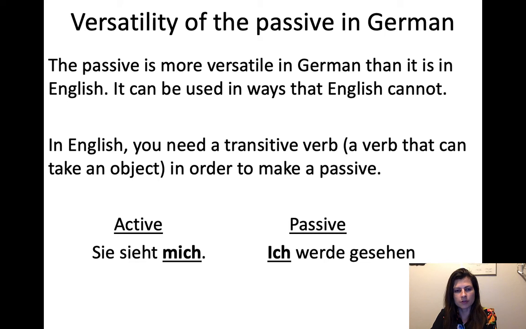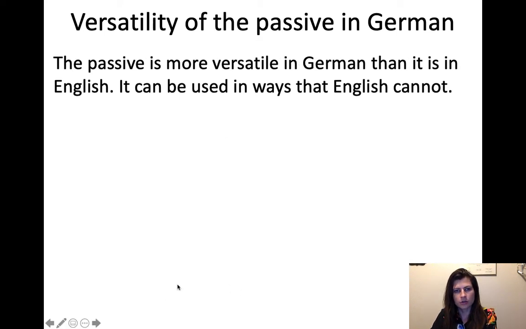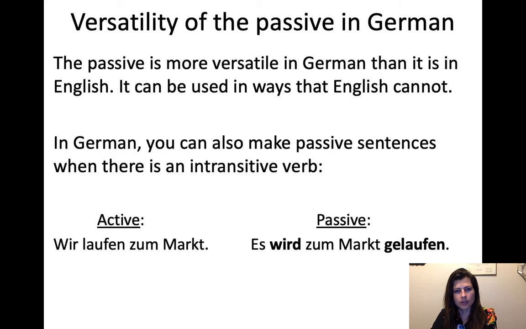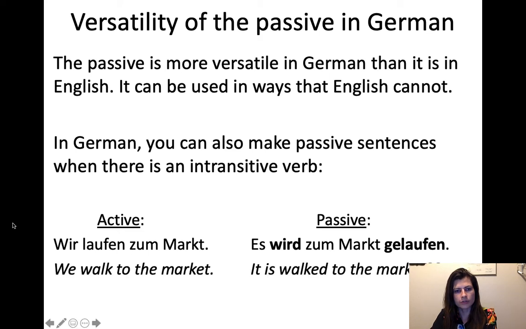So we had these before. Sie sieht mich, ich werde gesehen, which is of course just she sees me, I am seen. It's transitive. We have a direct object. But let's look at a different one, like wir laufen zum Markt, we walk to the market. So we walk, and then we get a prepositional phrase. You can't add a direct object to walk like this.